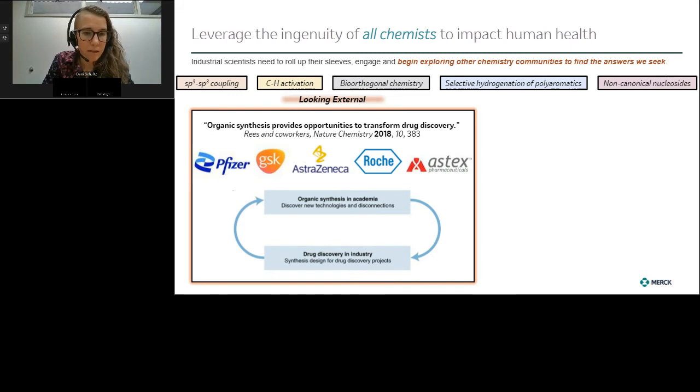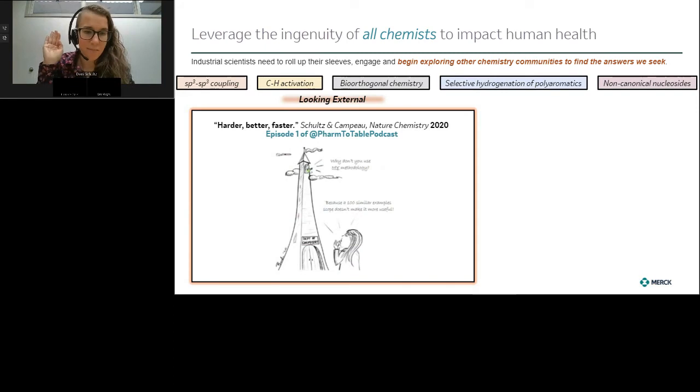And ultimately, this could serve as a pipeline to feed into drug discovery to improve the types of molecules that we are ultimately able to access. But despite this being a really great idea, there's still issues at hand.